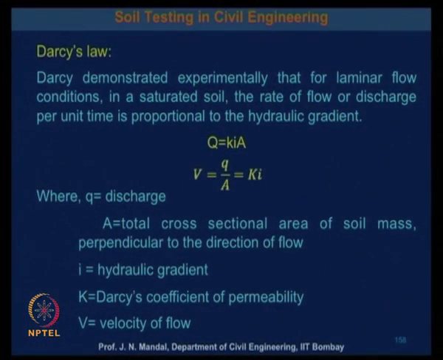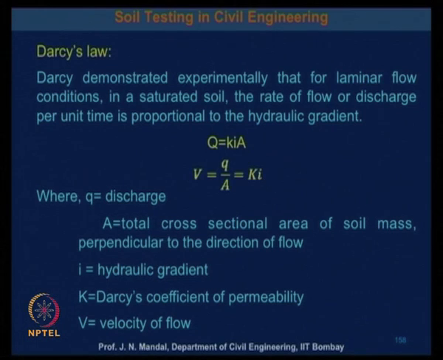What we use for the determination of permeability is Darcy's law. Darcy demonstrated experimentally that for laminar flow condition in a saturated soil, the rate of flow or the discharge per unit time is proportional to the hydraulic gradient.